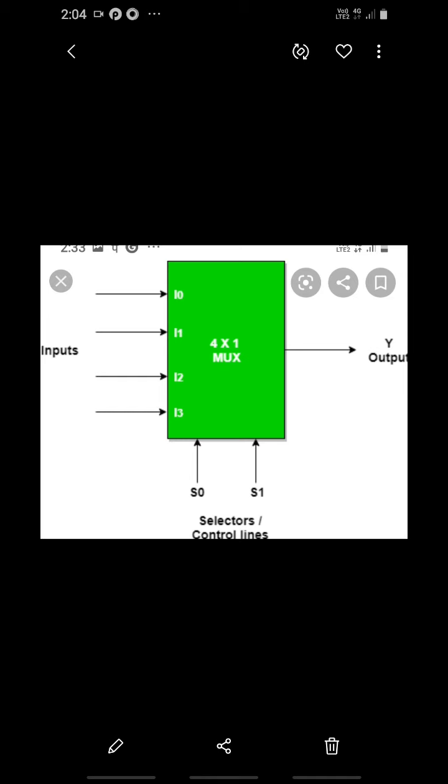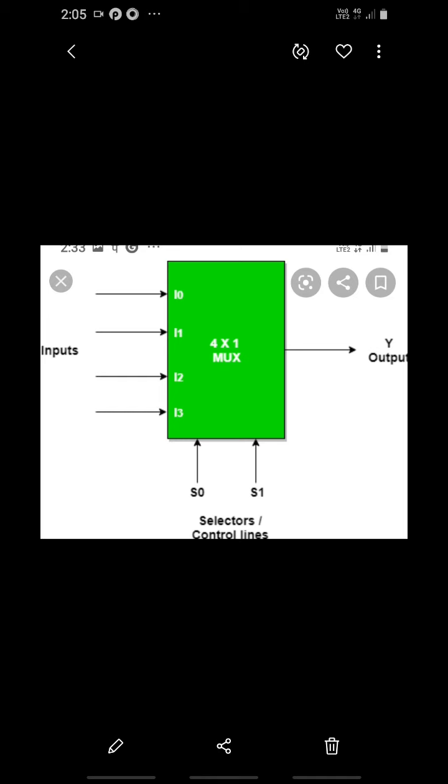A multiplexer with m inputs and one output is referred to as an m into 1 multiplexer. Examples for multiplexer: 4 into 1 multiplexer, 8 into 1 multiplexer, and 16 into 1 multiplexer, etc. Now we discuss the 4 into 1 multiplexer.